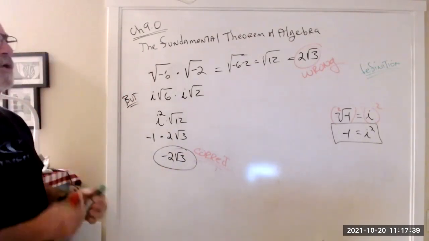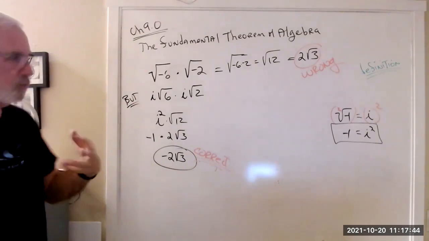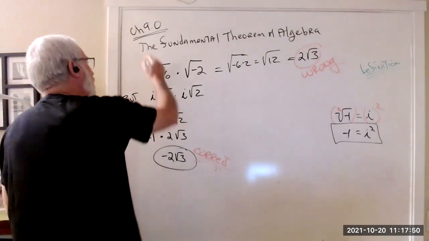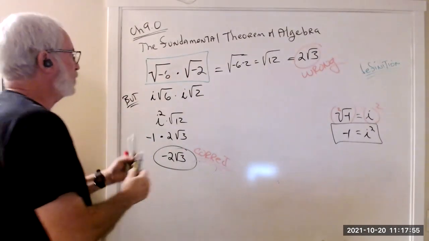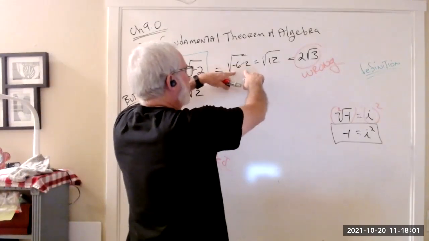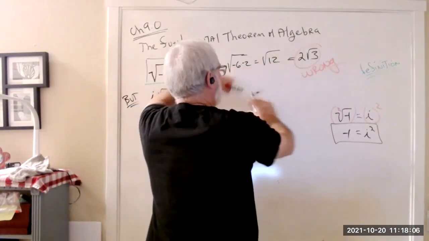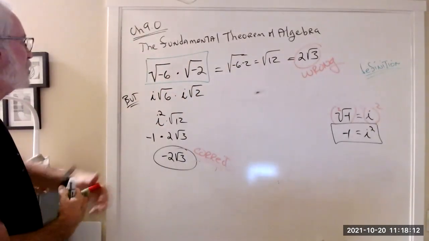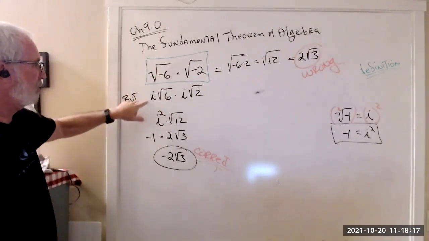Okay, so before I entertain questions, I've got a lot more to show you. This is the problem, and I've shown it using 2 methods. The first one, I just multiplied outside, outside, inside, inside. The square root of 6 times 2 is 12, positive. The square root of positive 12 is 2 radical 3. But it was wrong because the instant you see a negative inside of a radical, you have to pull the negative out and call it an i.